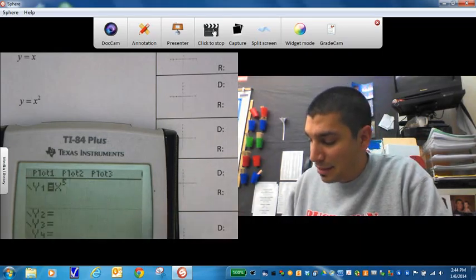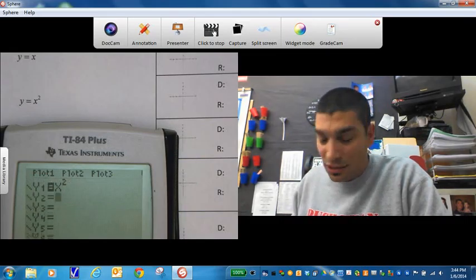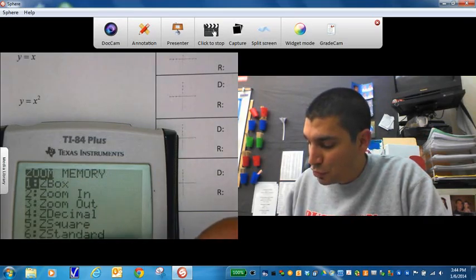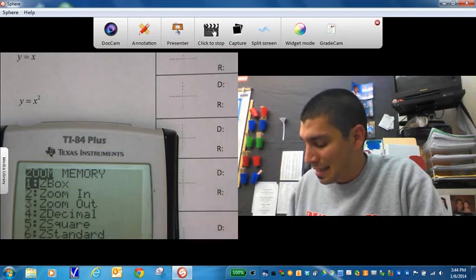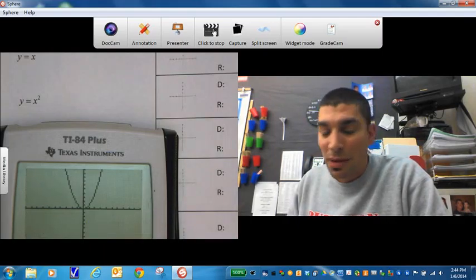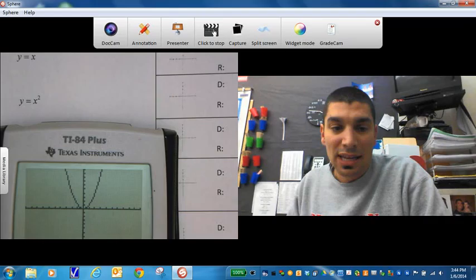And then under y equals, I'm going to put in x to the second power and press enter, and then I'm going to zoom, and I'm going to do zoom standard just so I can see what the graph is. Remember, the standard window is usually a -10 to +10 x-axis and a +10 to -10 y-axis.